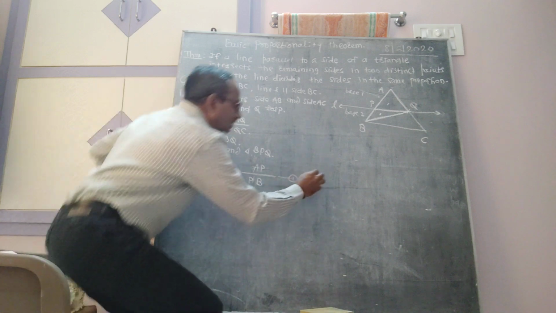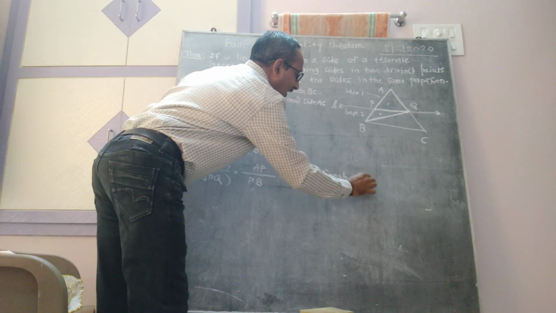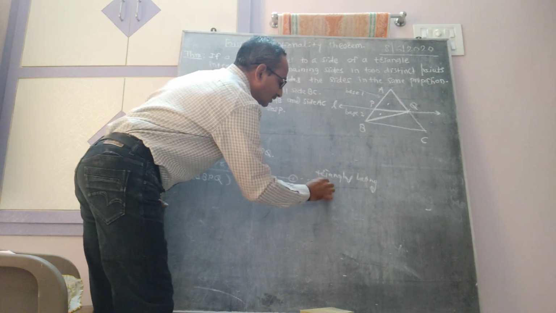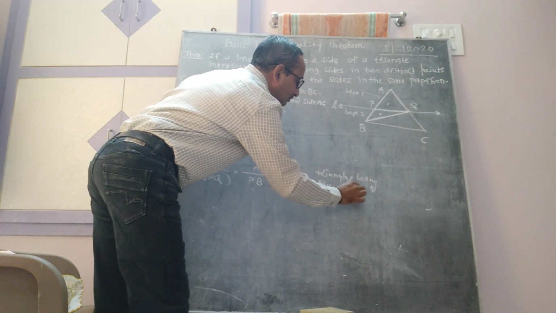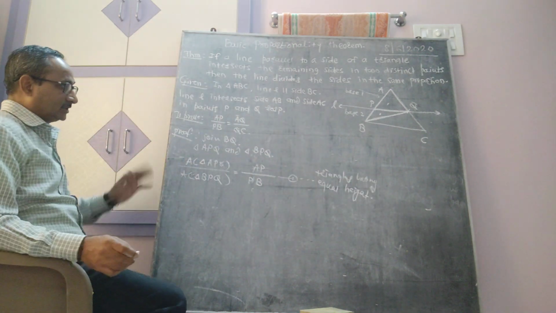The reason is: triangles having equal height. This is the first step.